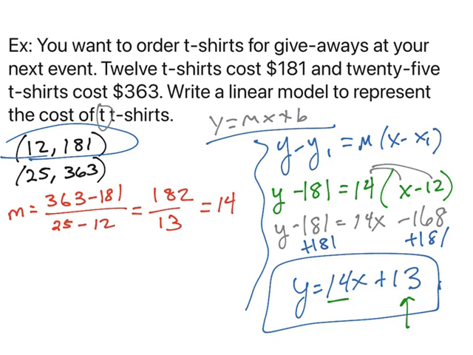Now, they did tell me the cost of t-shirts. So instead of x, I'm going to want to put a T in there. So 14T plus 13. And again, you could say I don't want y, maybe I want that to be the cost equals $14 per t-shirt plus a $13 startup cost. Linear functions, good times.